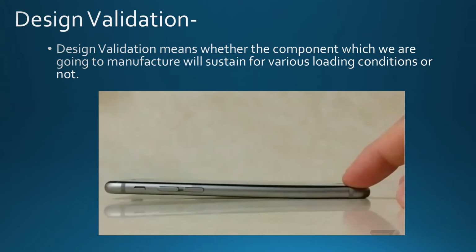The iPhone 6s also features 2 GB RAM, whereas the iPhone 6 had 1 GB, but the problem was solved. This is what happens when you do not validate your design properly, when you do not apply the proper loading conditions to find out the result. Using computer aided engineering, we've been validating designs for decades now.